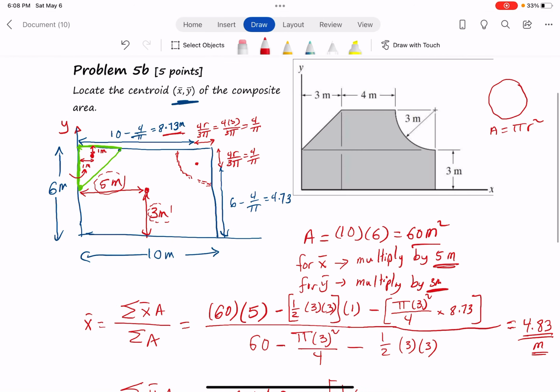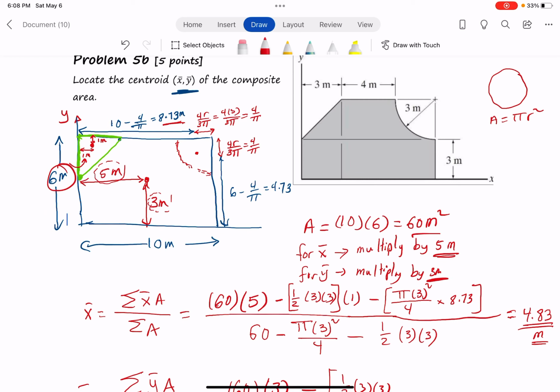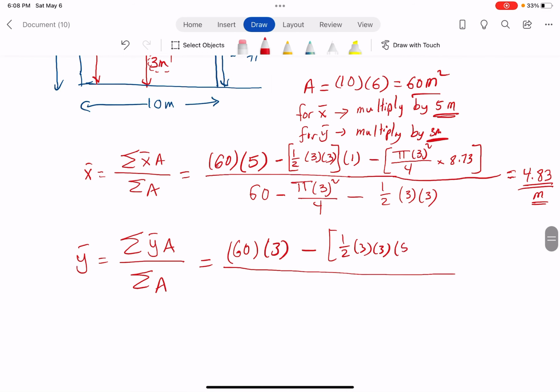But this time, remember, the whole thing is 6 meters. It's 1 meter from here, but what is from here to the x-axis? That is 6 minus 1. So it is 5 meters. And then minus, now the last one, the 1/4 of a circle, it is pi r square over 4 times the distance from the x-axis.